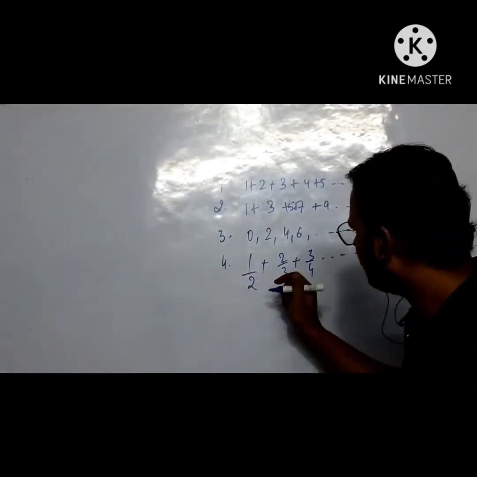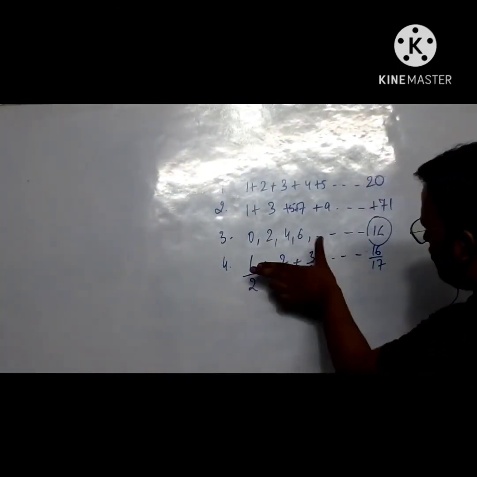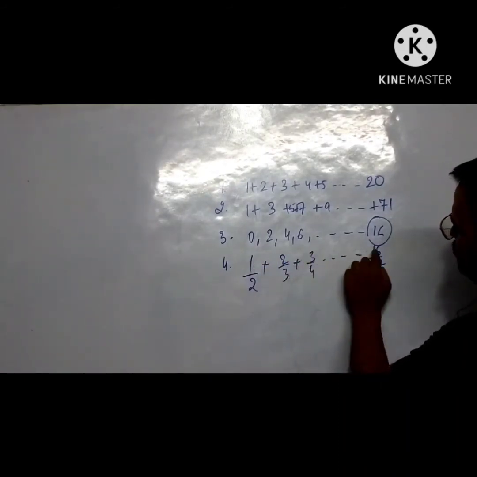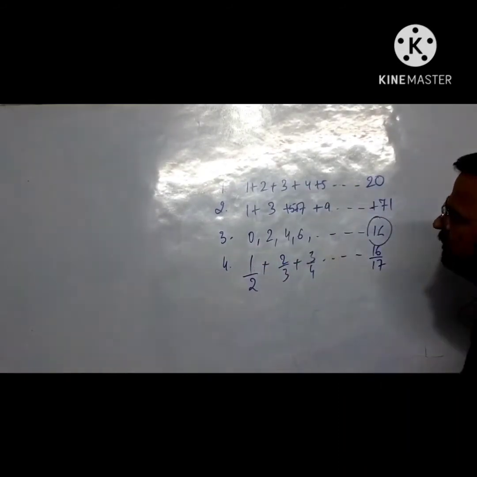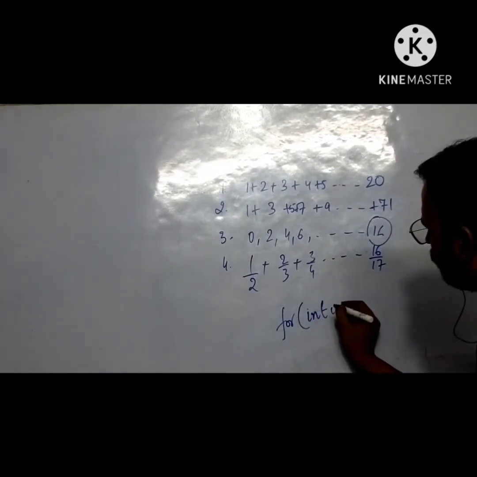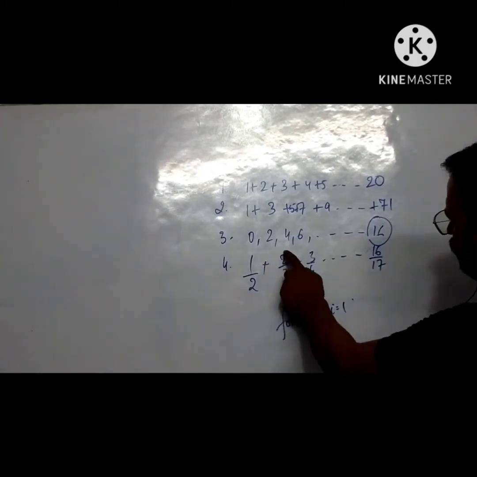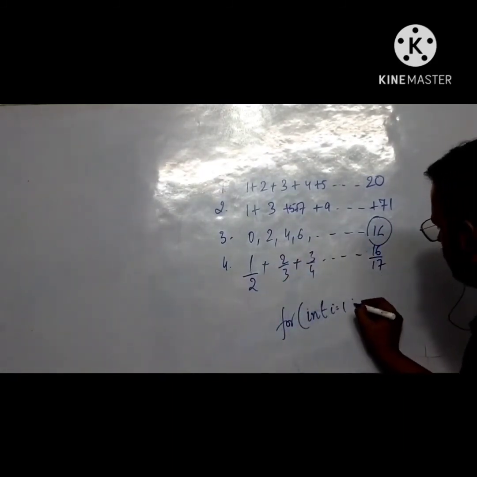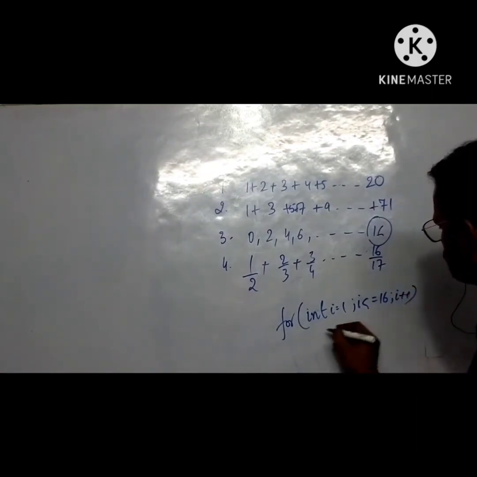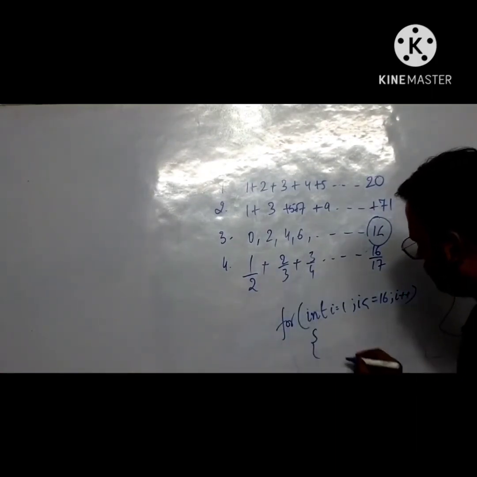So actually we are getting the sum. Suppose we hide these values. Then if we take the numerator 1 plus 2 plus 3 up to 16, don't you think it is like this only? So for the for loop, int i = 1, it should move like 1, 2, 3 up to 16. i <= 16, i++. This is the value of 16.